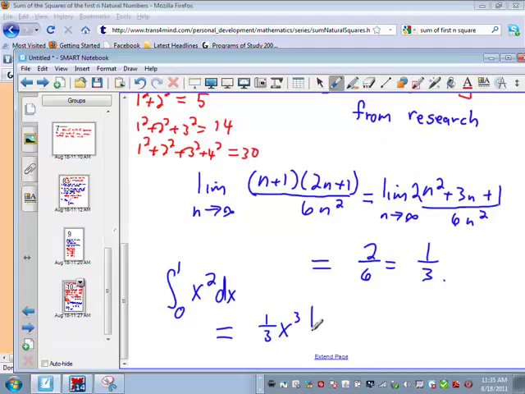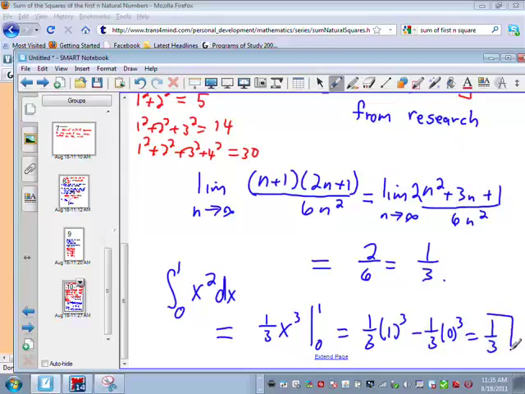So if I evaluate this from 0 to 1, I get 1/3 times 1 cubed minus 1/3 times 0 cubed, and that is 1/3. That is how we're going to get 1/3 instead. That is the fundamental theorem of calculus.